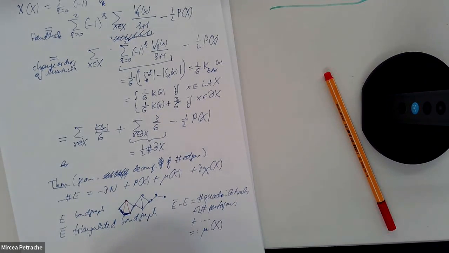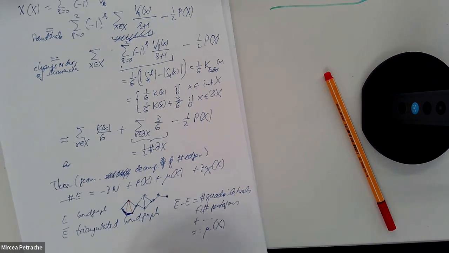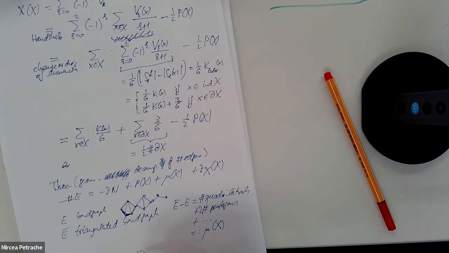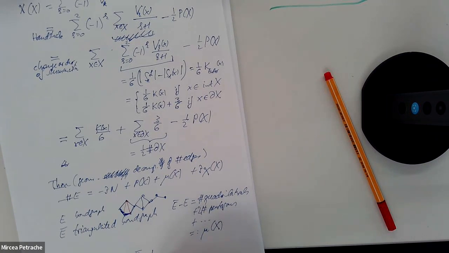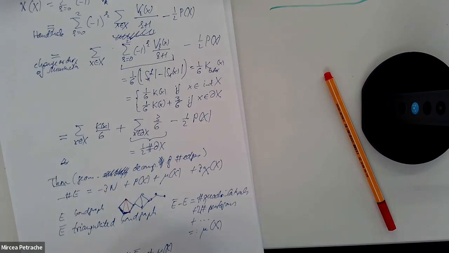So it's basically minus the number of edges, which is the same as minus the number of edges in the triangulated graph plus mu of x. So this is basically just the definition of the defect measure, like this.